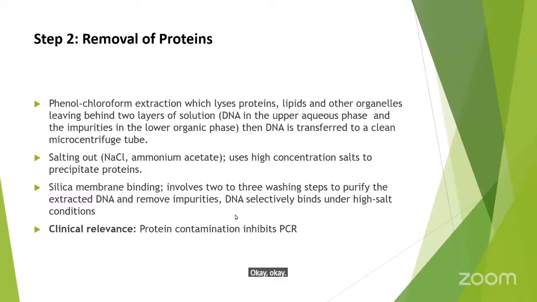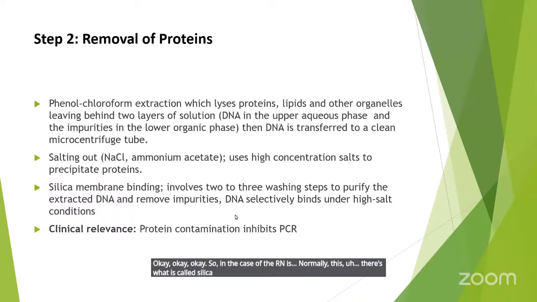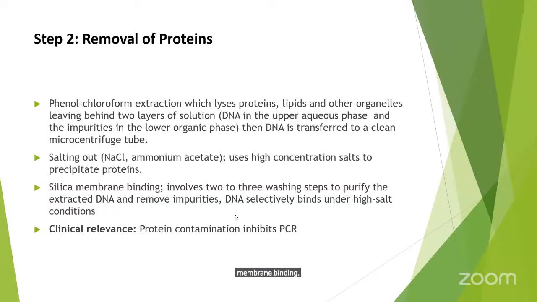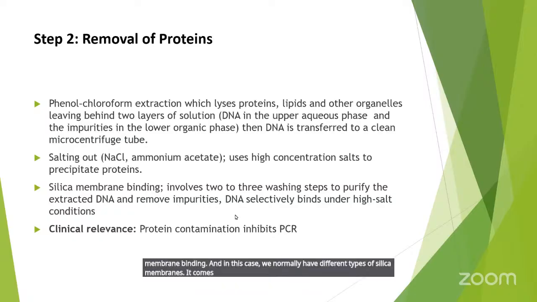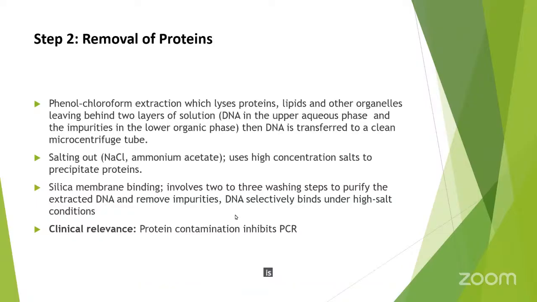Okay. So in the case of the RNAs, normally there is what is called silica membrane binding. In this case, we normally have different types of silica membrane. It comes from the manufacturer's specification that indicates the spin column is specific for RNA.